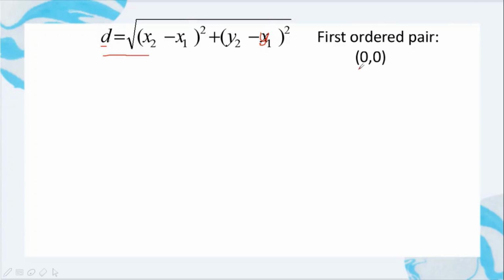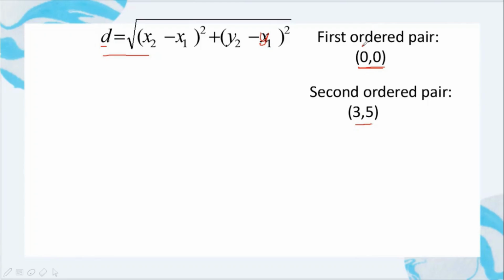Next one is, again, the first ordered pair is 0, comma 0. Why 0, comma 0? This is the location of our lighthouse, so it is located at the center. Now we will use the second pair, which is the location of our fishing vessel, which is 3, comma 5.